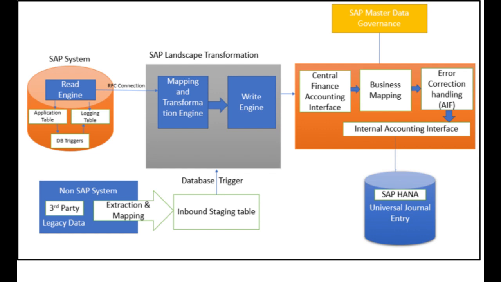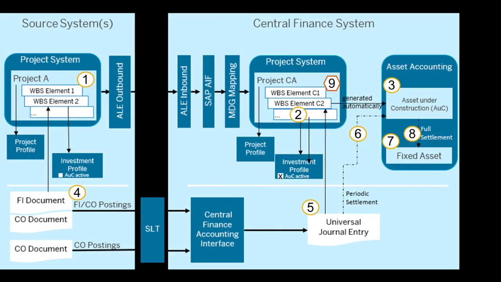The second system is the SAP SLT as the integration platform, which reads and replicates the FI and CO documents. The third system is the SAP Central Finance as the target system on SAP S/4HANA, where the FI and CO documents are reposted. Central Finance is also able to replicate cost objects as a prerequisite for the FI and CO postings.